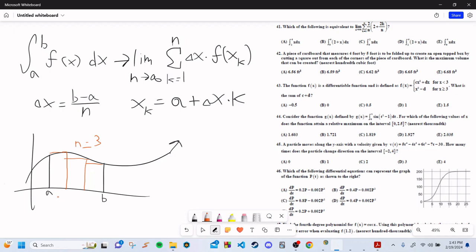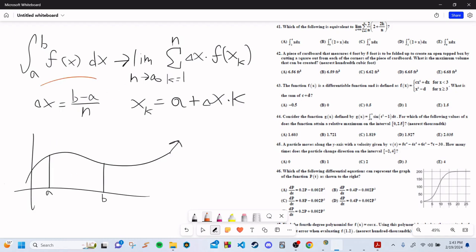With each of these lengths, these delta x's, being b minus a over 3, or over n, right? So the idea is we take infinitely many slices, so as n goes to infinity, we have all these tiny, tiny rectangles, infinitely small in their width. We'd have the exact area.